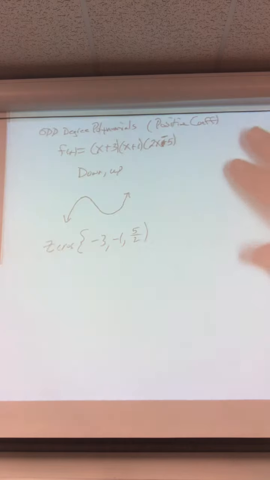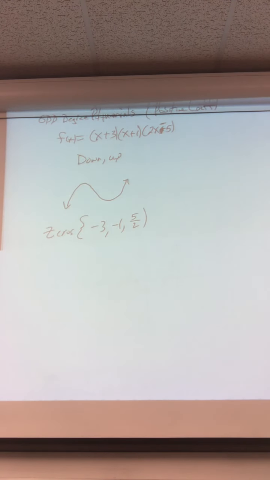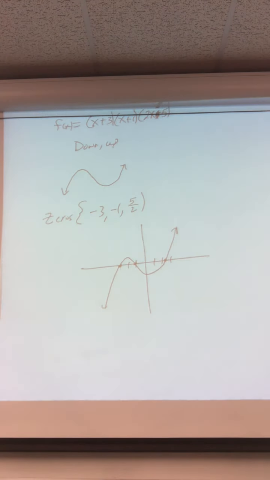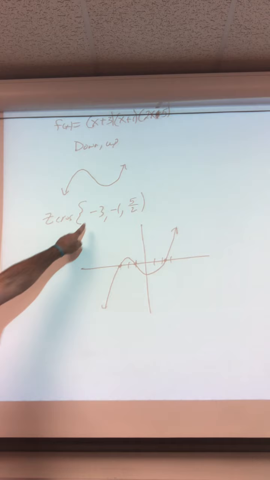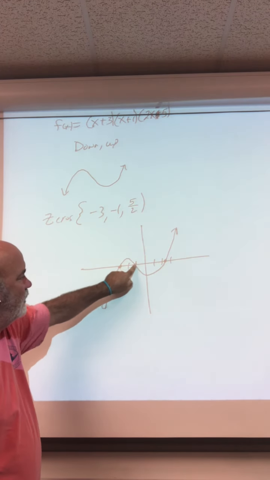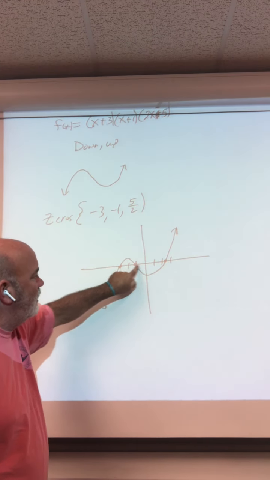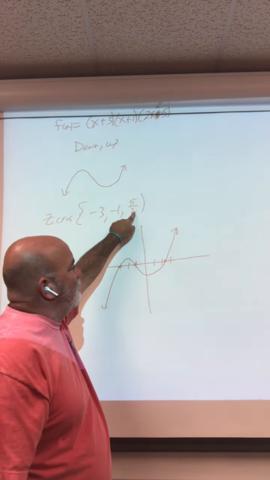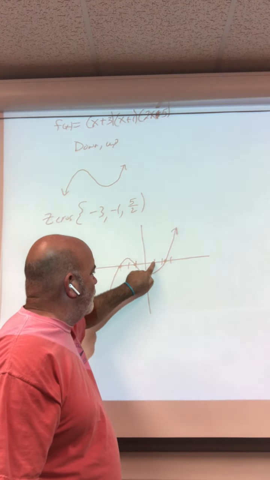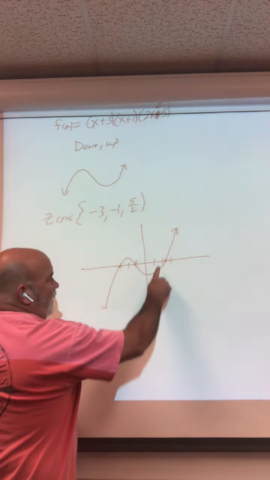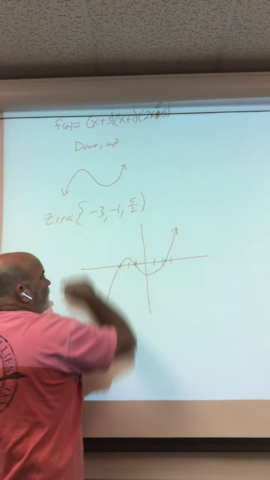If I plot these three zeros right here, and again, you don't have to graph this, just watch. Ignore the graph right now. So -3 is here, -1 is there. And 5/2 is 2.5. So here are those three zeros.